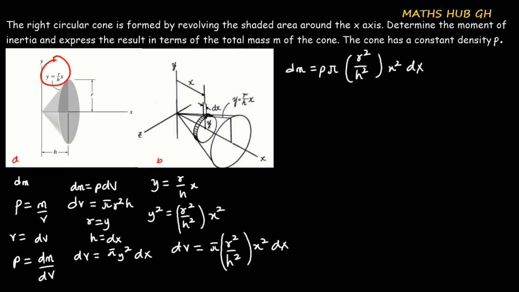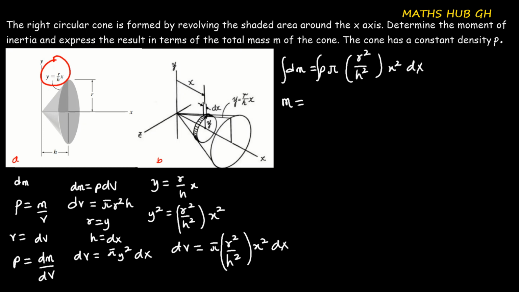This is just the mass of the small circular disc that we have, but you want to find the entire mass of the circular cone. So what you have to do is integrate this whole expression. When I perform this integral, on the left hand side you're going to have the mass m equal to the integral of what you have on the right hand side.